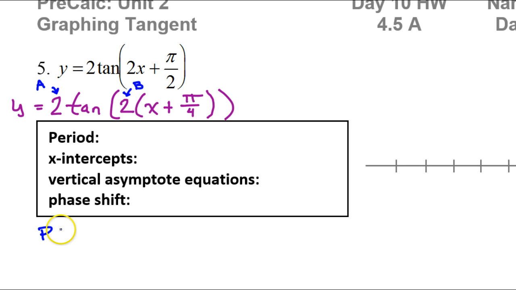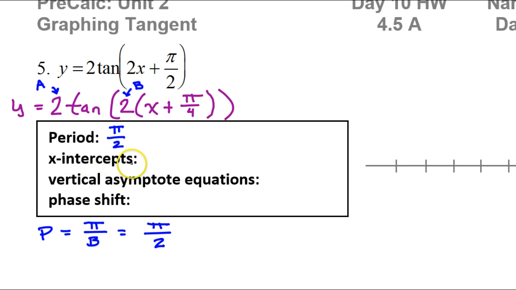So the period is always the normal period divided by the b value. Don't forget the normal period of tangent is pi, so that's why I'm doing that. So it's going to be pi divided by the b value, which is 2. So the period is simply pi over 2.